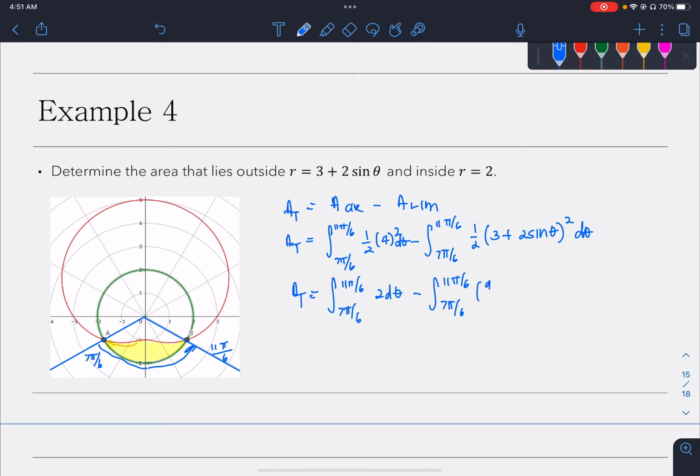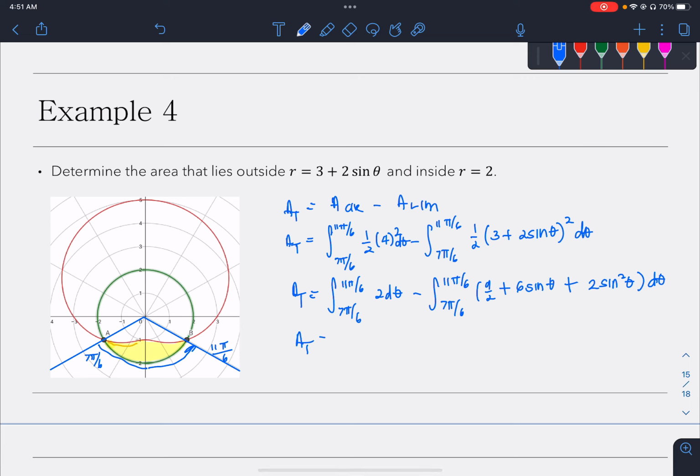And then 2 times 3 is 6, times 2 is 12, then divided by 2, that makes it 6, so plus 6 sine theta. And lastly, we'll have 2 sine squared, so that would be 4 sine squared divided by 2, I'll have 2 sine squared theta d theta.